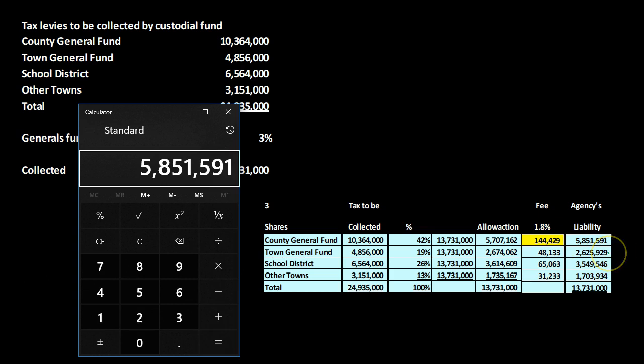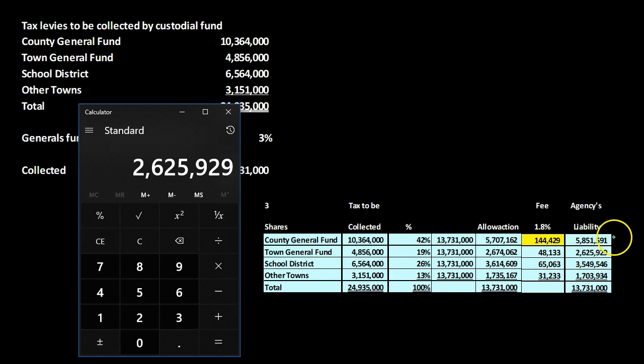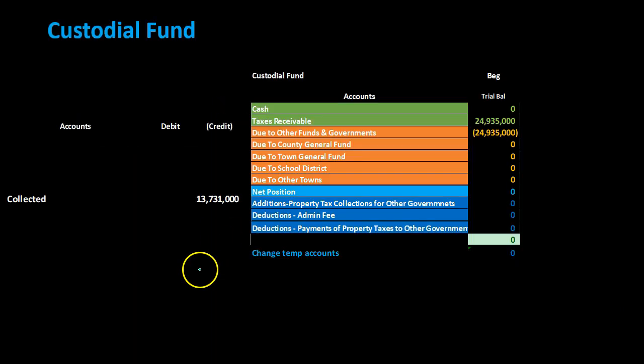That giving us the 5,851, while the other items are going to be subtracted, where we have the 2,674,062 minus the 48,133. That gives us our amounts here. And of course, if we add these items up, we get to the 13,731.